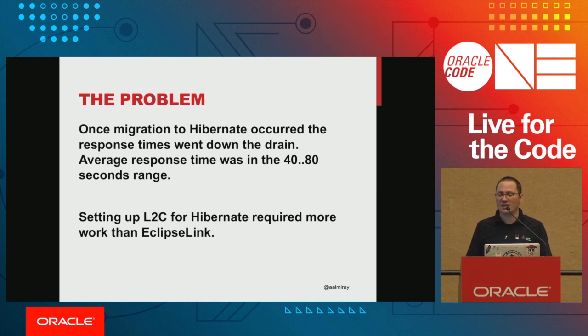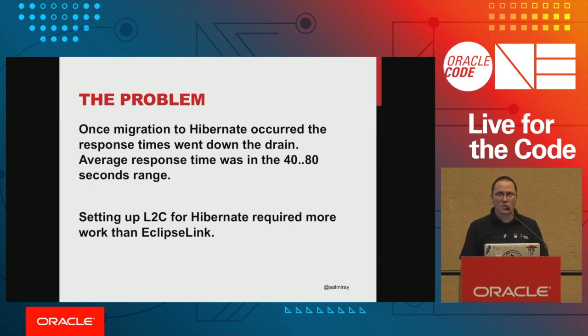Without any caching, they were already having 40 to 80 seconds for every single request, and that was definitely not acceptable. And they didn't know exactly how to configure cache. It was not as easy as you would think when switching from EclipseLink to Hibernate, because EclipseLink configures cache in a non-standard way, not using the JPA standard.